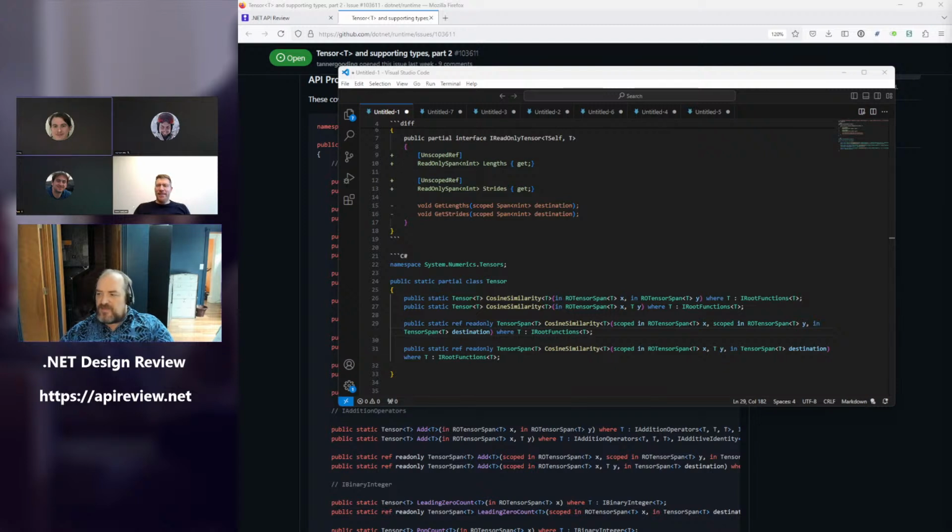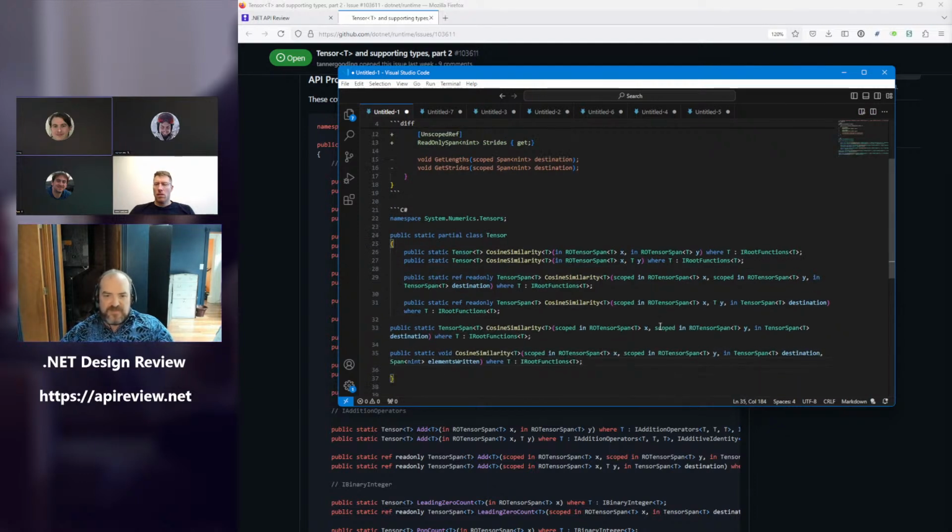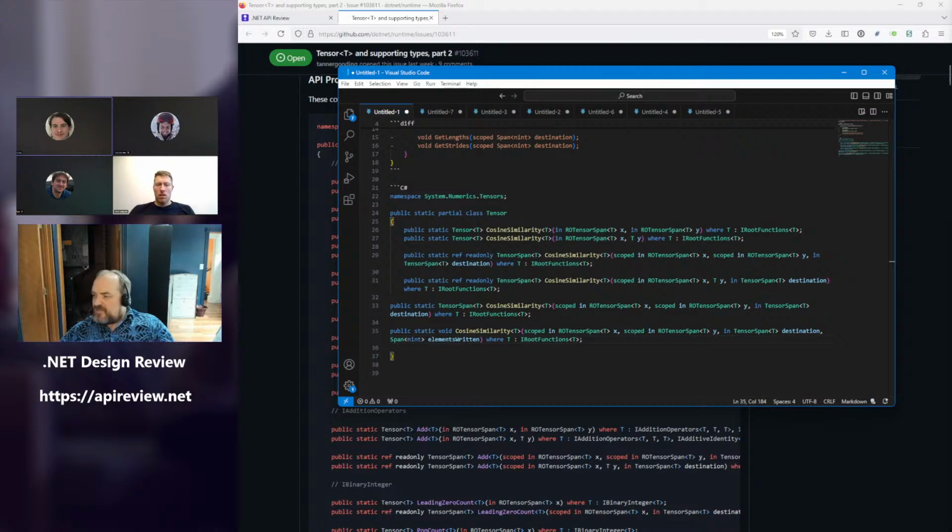The second one could potentially also be out int lengths written. Yeah, I think the last one is the one that allows you to pass in a too large elements written buffer as well.